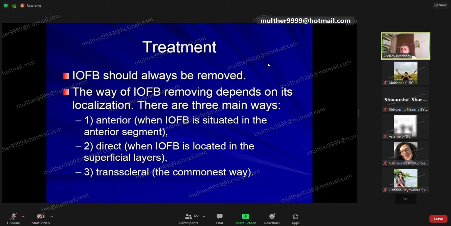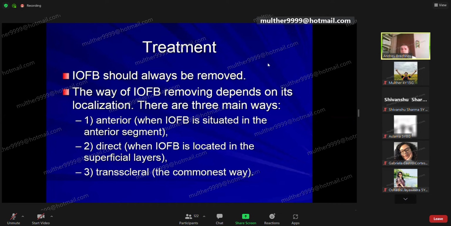We can remove it just through the wound. But be very careful, because if the surface of the foreign body is not smooth, when you start to remove it, you can remove it together with the inner structures, and there will be loss of contents and more severe damage. So we should be very, very careful.